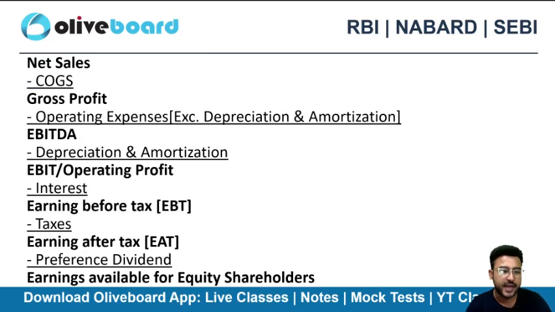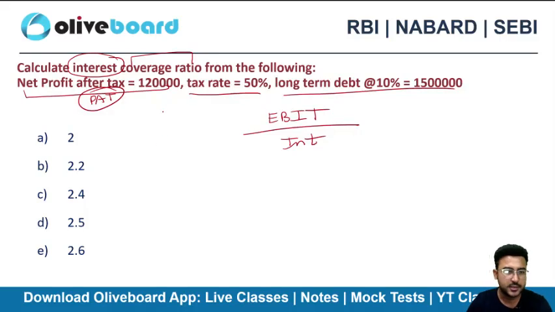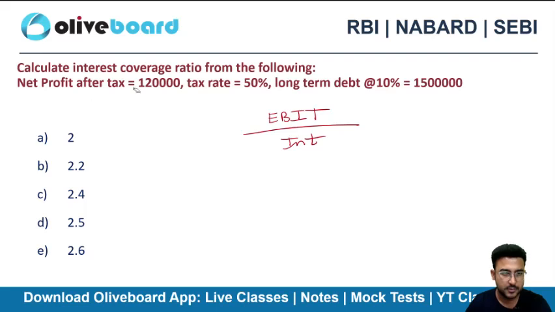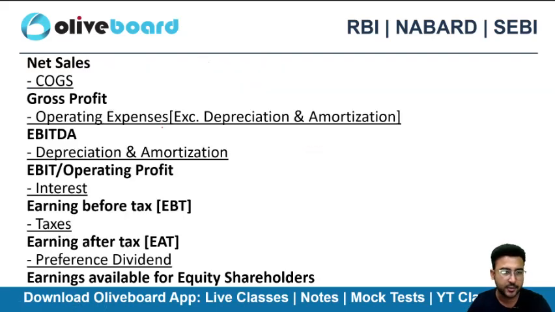So we are having profit after tax, or earning after tax, right? How much? 1,20,000. I need EBIT, earning before interest and tax. So I need to do a backward calculation here.